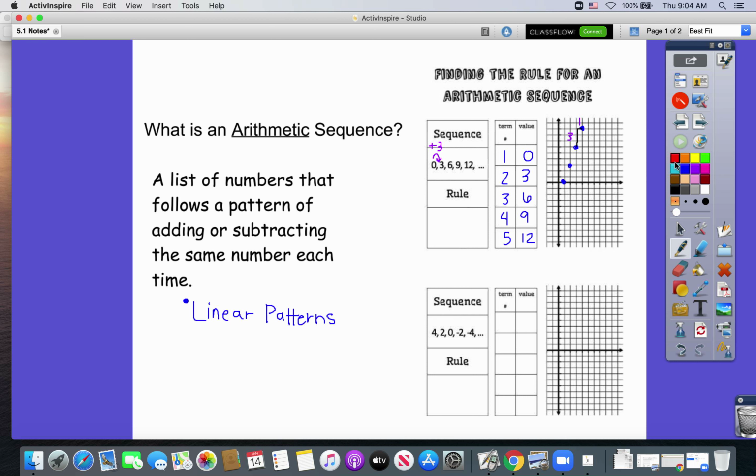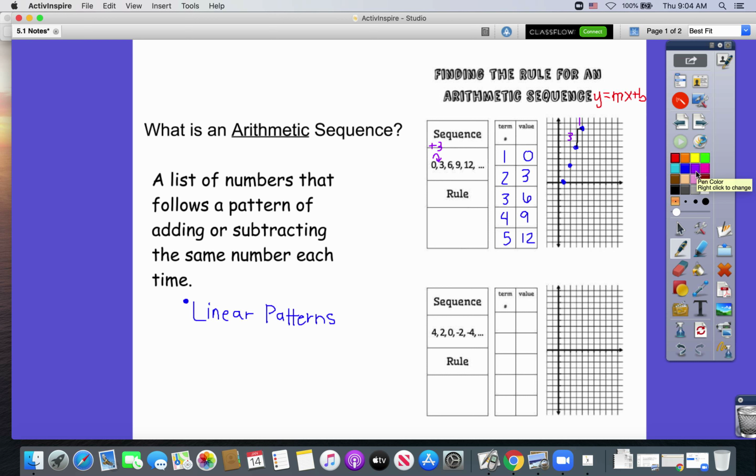So if we're thinking about writing the rule, we could think about what we know about linear equations. Think back to y equals mx plus b. And looking at that, we know we had to plug in the slope and we had to plug in the y-intercept.